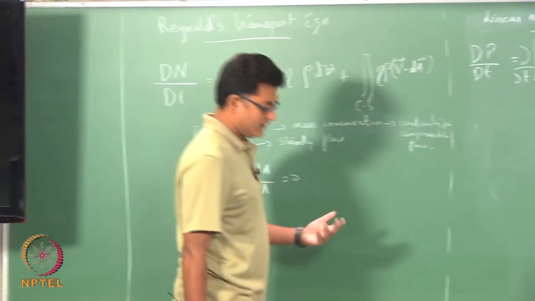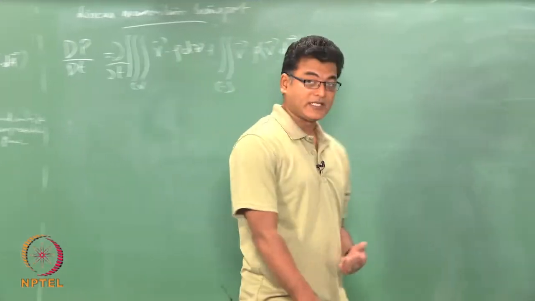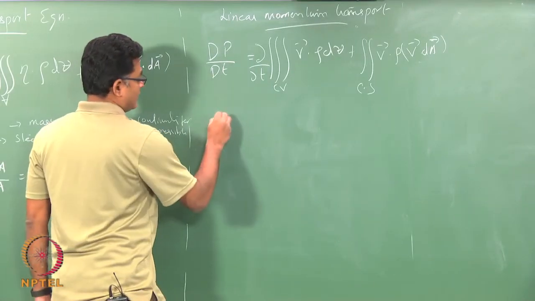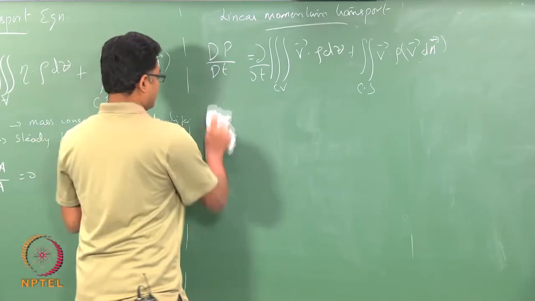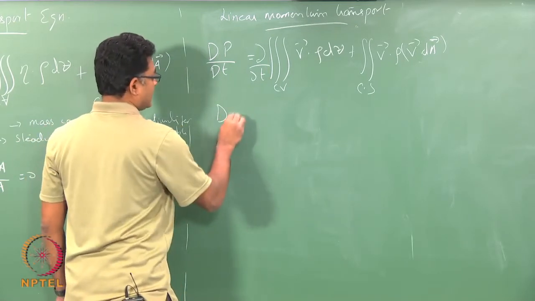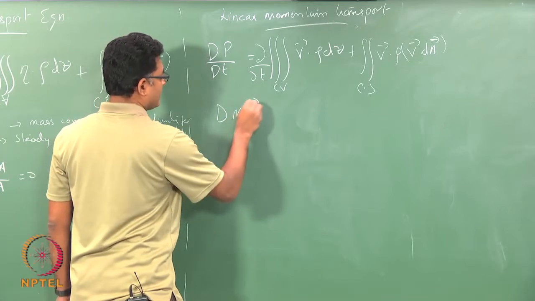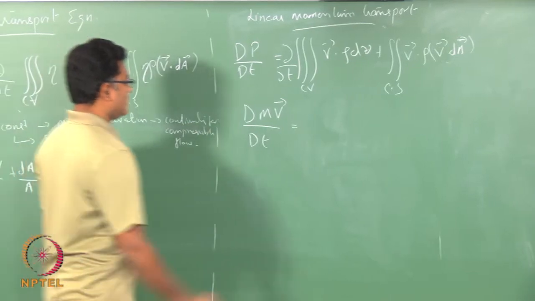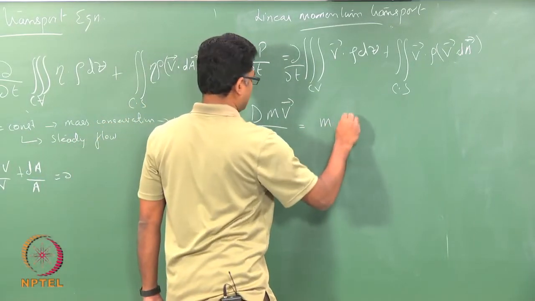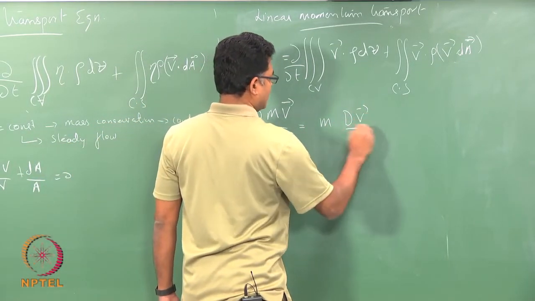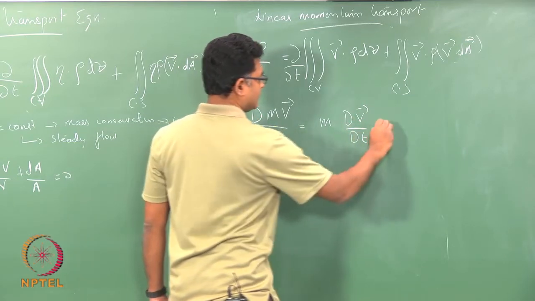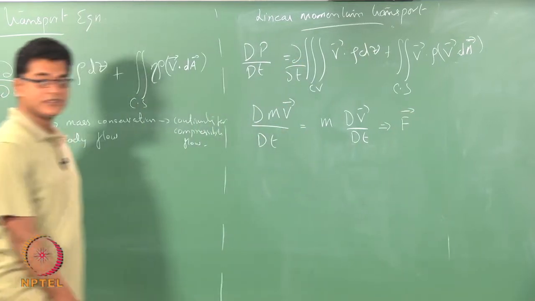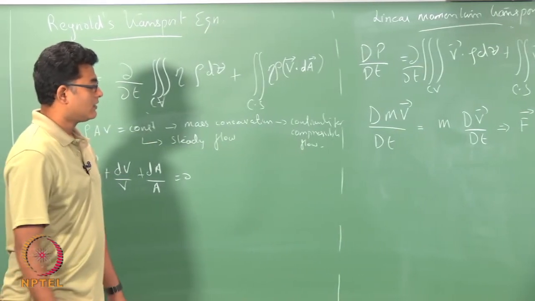So, what is the rate of change of momentum? It is actually the force from Newton's second law. So, your d mv by dt as m dv by dt, which is your force from Newton's law.